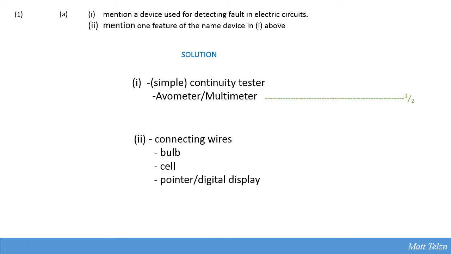So what is required here is just one of the features, and the mark allocated to it is just half. When you write either connecting wires, or bulb, or cell, or pointer, any of them, you will be entitled to what? Half a mark, and you are correct, right?